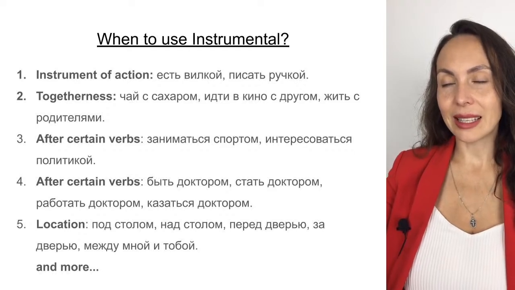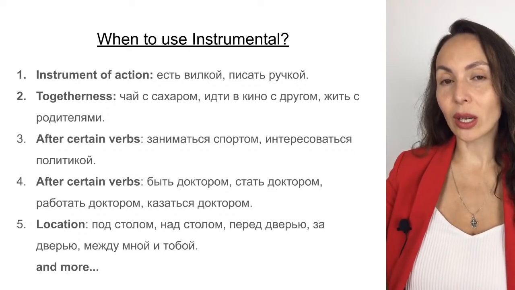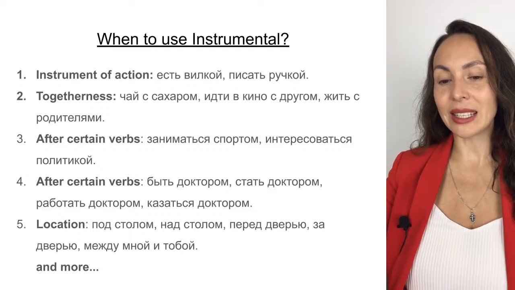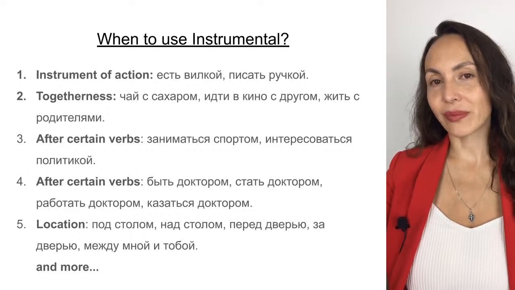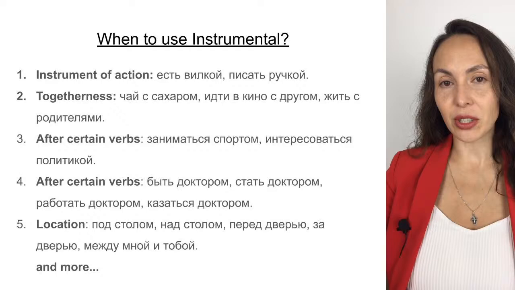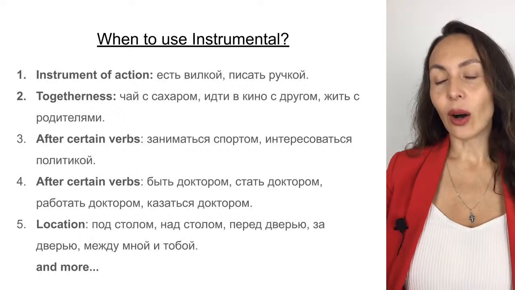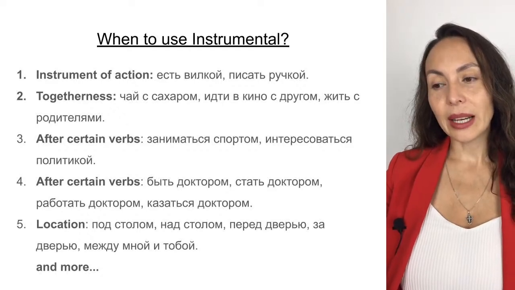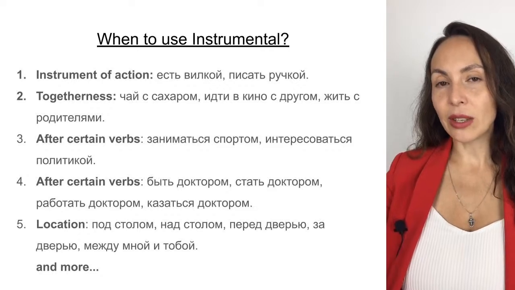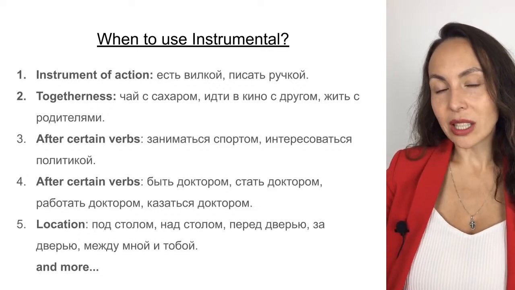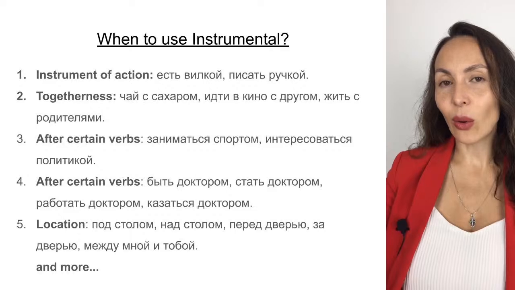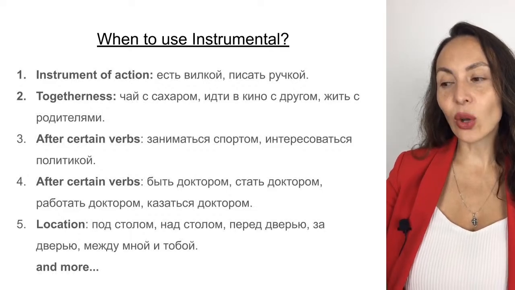Он доктор. This is nominative. Он доктор. We're just naming his occupation, his profession. But once we want to use работать, он работает доктором. Доктором.